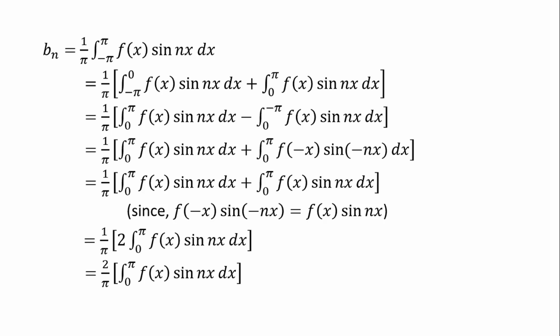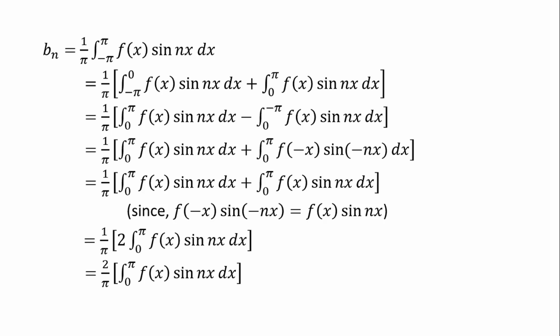Thus the Fourier series is represented as summation n equal to 1 to infinity of Bn sin nx, where we put the value of Bn, that is 2 by pi, integral 0 to pi of f(x) sin nx dx. In this way we have a Fourier series which has sine terms only, and this is known as a sine series.